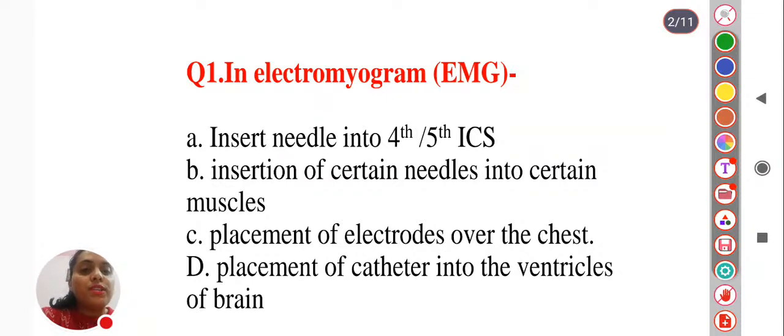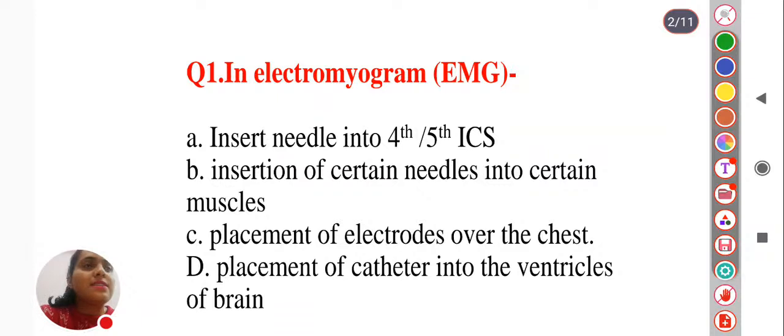And fourth option is placement of catheter into the ventricles of brain. I request all the students, please participate in this and answer. Please reply on the comment box.